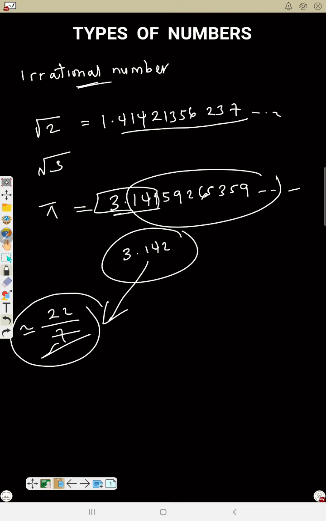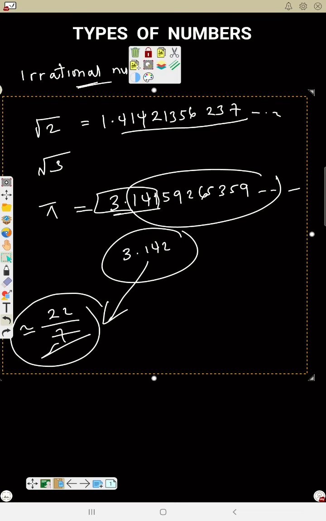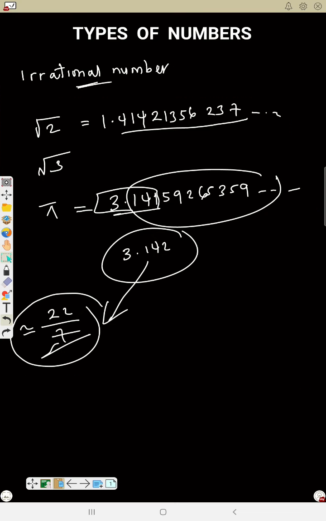Irrational numbers are those numbers that are repeating but that are non-terminating and non-repeating. Sorry. So please correct that. What are irrational numbers? Irrational numbers are numbers that are non-terminating, meaning it continues, like 1.41421356.